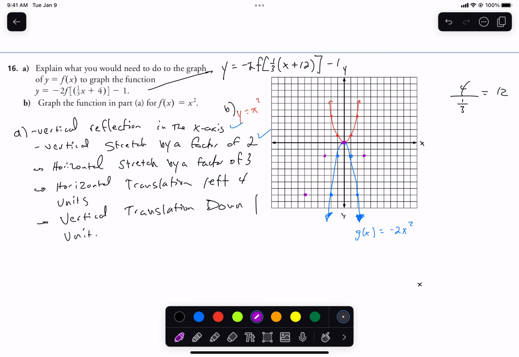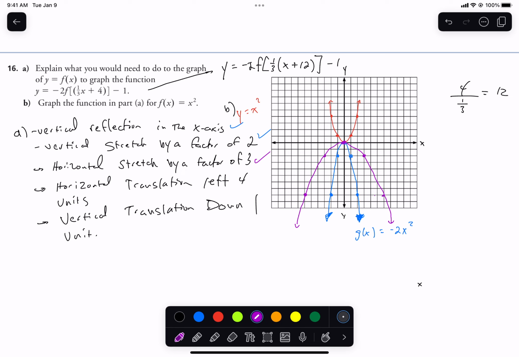The graph's obviously going to get wider if I horizontally stretch it. So our graph should look like this. I'm not going to stress too much about the fact that this is not going to fit on our grid. On the test, I'd obviously give you questions that fit.